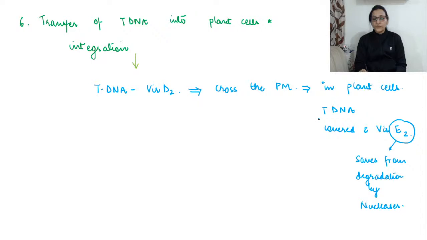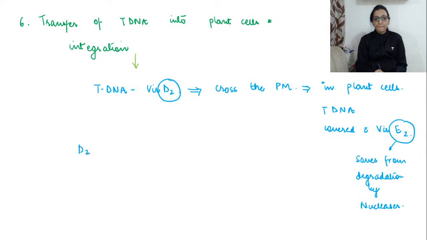Now, Vir D2 and Vir E2, the covering which is protecting the tDNA from degradation, are going to interact with a variety of plant proteins which influence the tDNA transport and its integration.